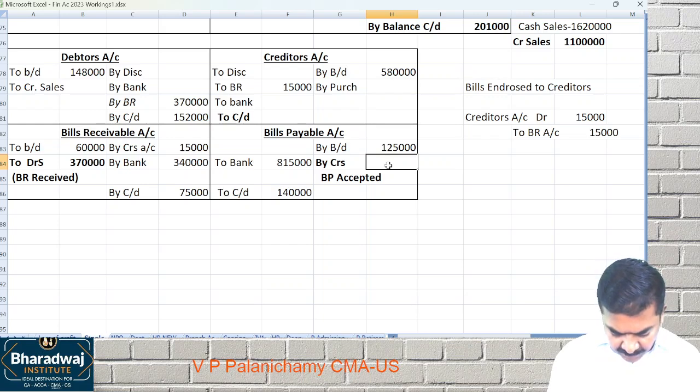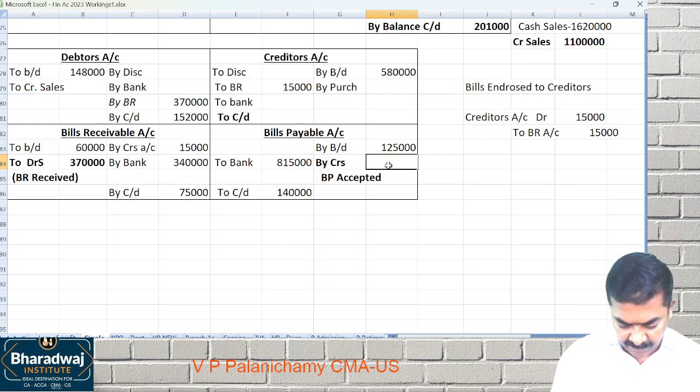What is the balancing figure? Tell me. Bills accepted, how much?